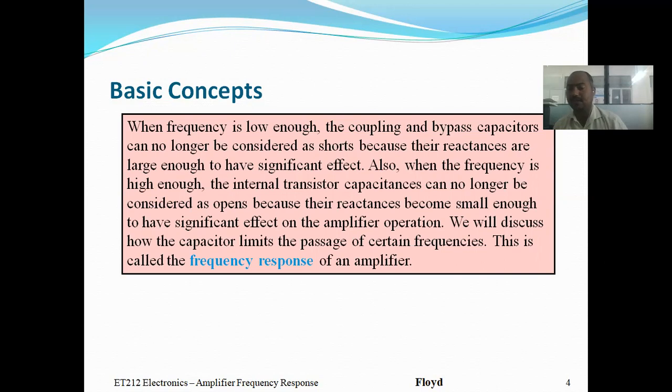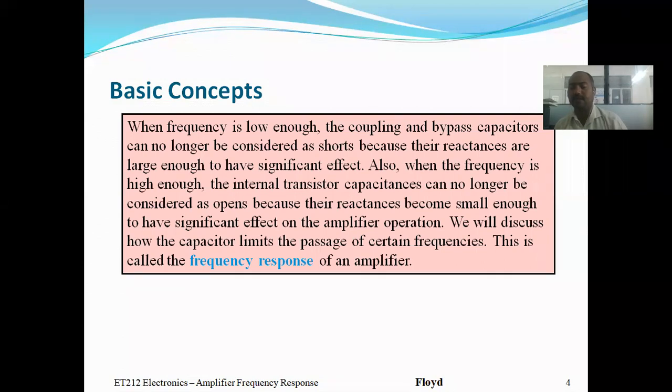But here, we know that there are two frequency ranges where the particular effect of the capacitor is seen. One is low frequency and the other is high frequency. During those frequencies, the coupling or bypass capacitors connected across the circuit take part.